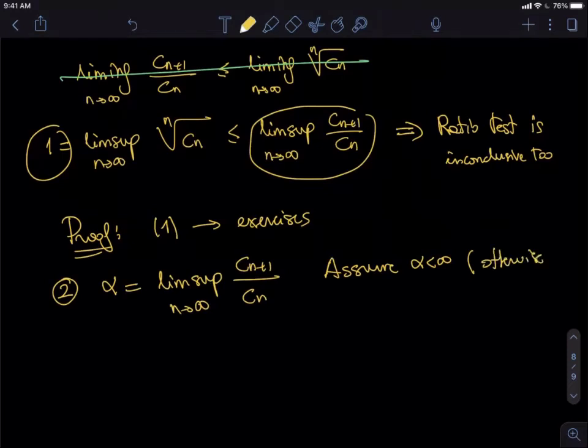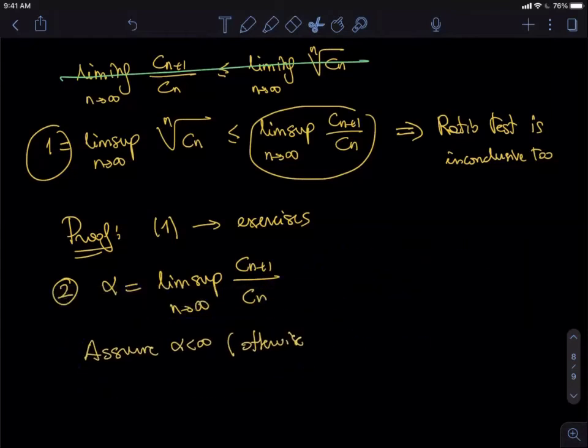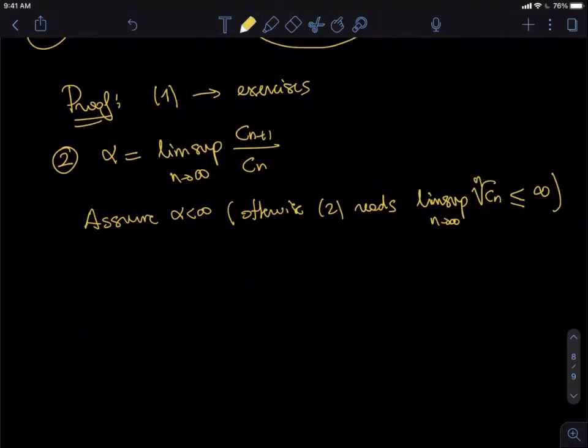Otherwise, let's write this properly. Otherwise, we'd reach lim sup of the nth root of c_n less or equal than infinity, which is obviously true. Okay. All right. So by definition of lim sup, this is the same trick as before. We saw this in a previous video.